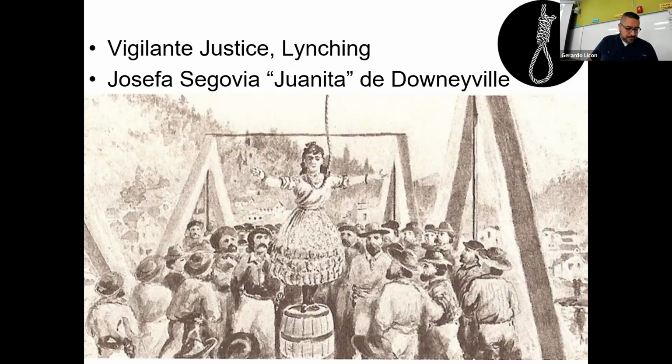For example, there was a doctor who went up to speak in her defense, and he did get to say that she was pregnant as a way of trying to save her life. But he was kicked off the stand and kicked out of town for doing that. There was also a Nevada lawyer who tried to testify in her favor. He got beaten up for doing that. And so they were not open to actually having a real semblance of a fair trial.